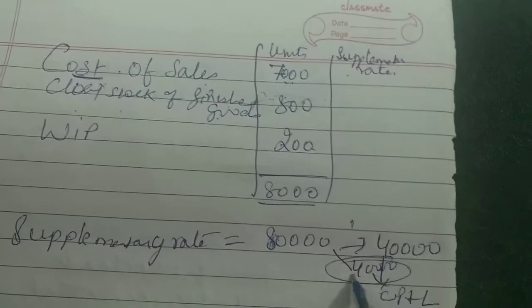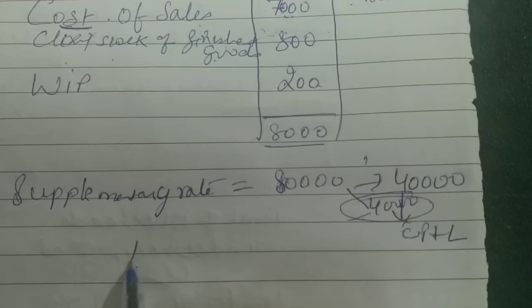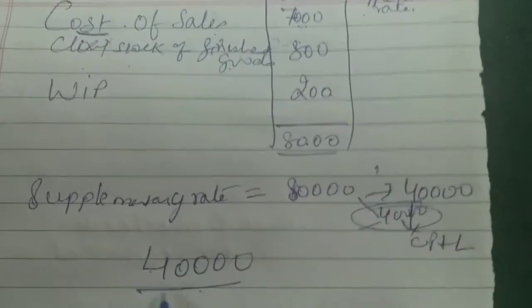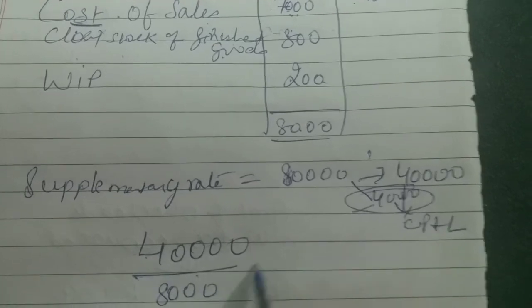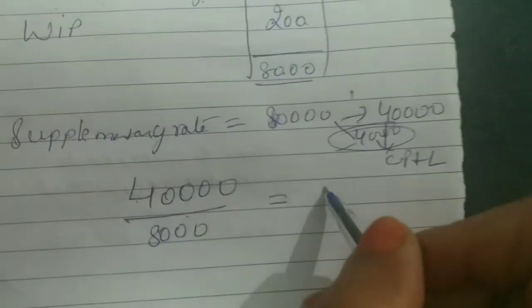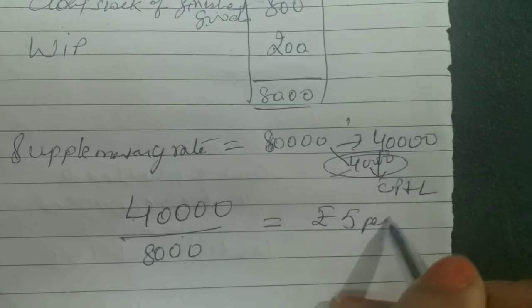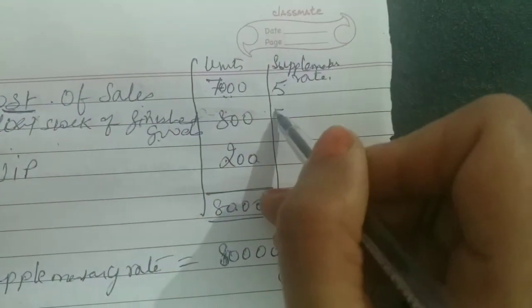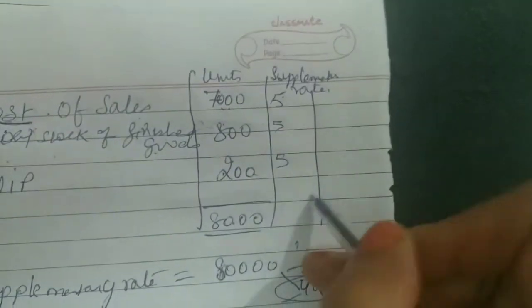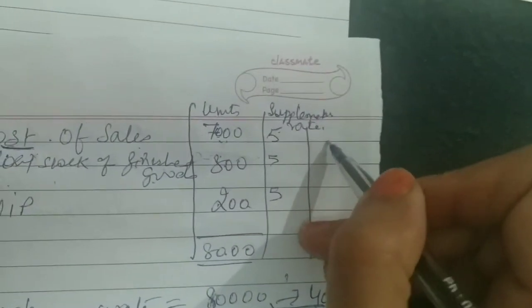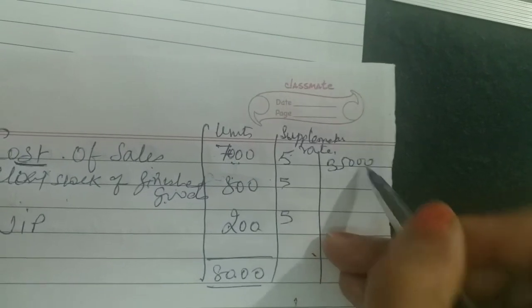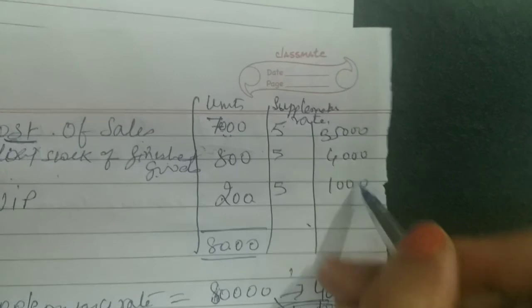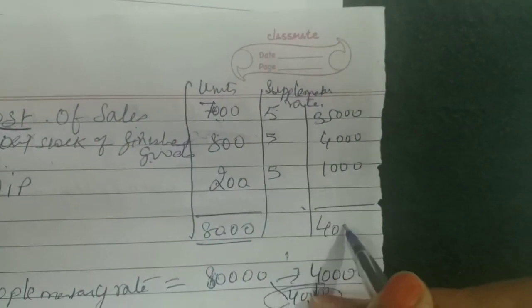So I will be using only 40,000 and I have to divide it by the base. Base is what we have to divide it by: 8,000 units. So I'll have a rate of ₹5 per unit. So now we will be multiplying ₹5 over here and calculating the value. So this is 35,000, this is 4,000 and this is 1,000. So the total comes out to be 40,000.